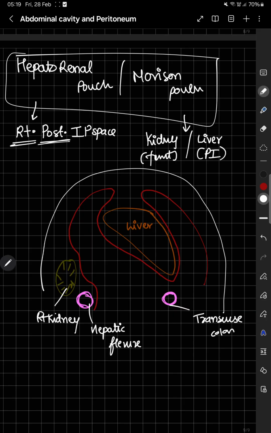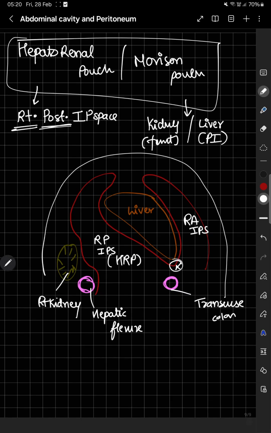Okay, so this thing is our right posterior intraperitoneal space, which is known as our hepatorenal pouch. This will be our right anterior intraperitoneal space. This is all about our hepatorenal pouch seen in sagittal section, and there's the small area that we'll be discussing about.